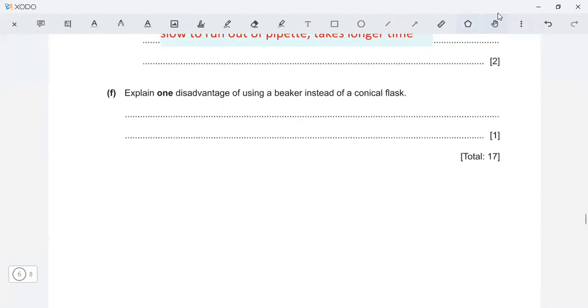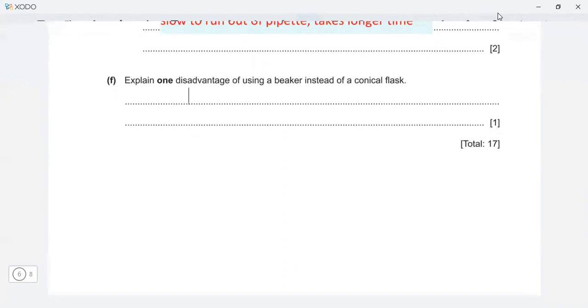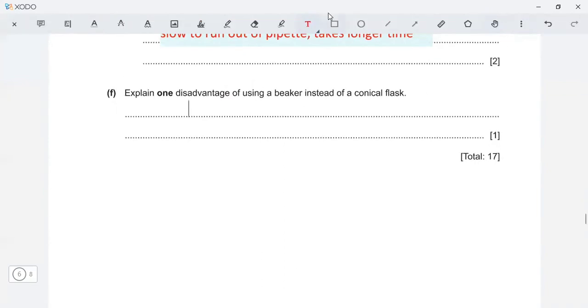So what is the disadvantage of using a beaker instead of a conical flask? Can you see the diagram? The diagram looks like this, this is the beaker diagram.